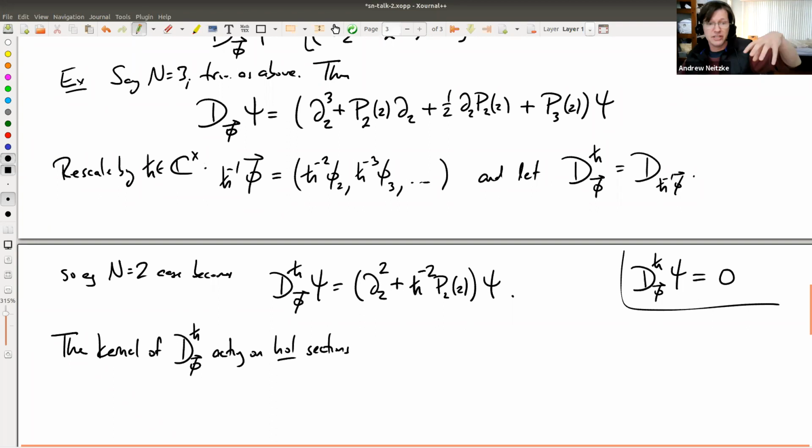well, that forms, if I look at a little patch of my surface, I've got an nth order scalar differential operator. It has an n-dimensional space of solutions.